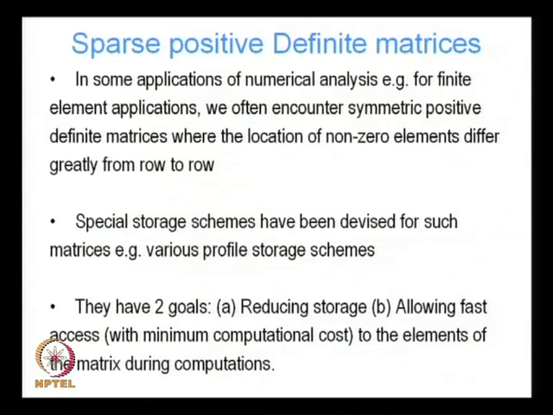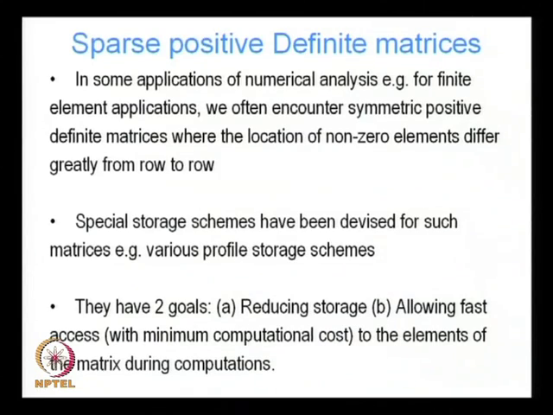For instance, if the size of the row is n, it might be almost fully populated, while in another row or column it might have just a few non-zero elements which are probably localized near the diagonal.